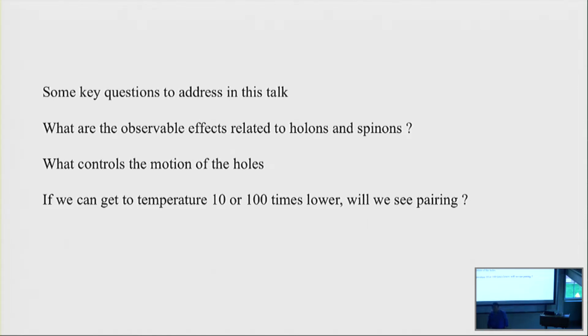Is it possible to see the effect of pairing? And if not, in the unfortunate case, are there any ways that we can really determine the pairing, in particular to answer the question whether this model has anything to do with d-wave superconductivity in high-Tc superconductors?